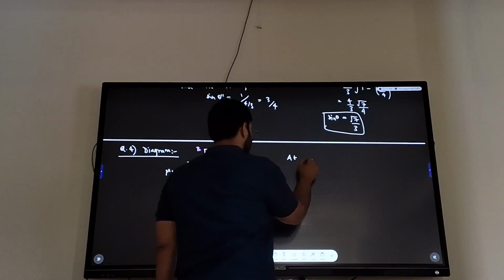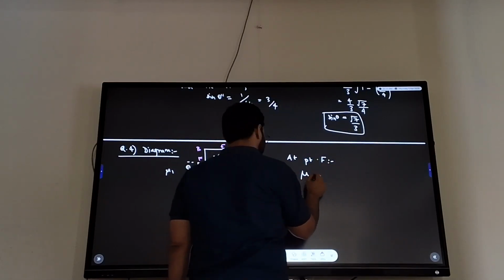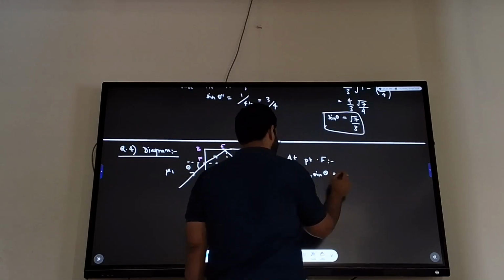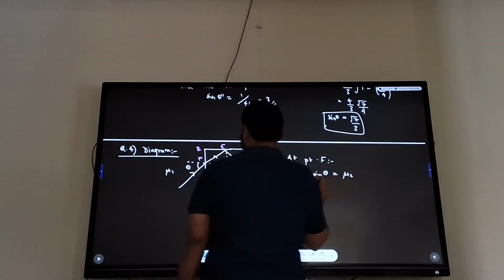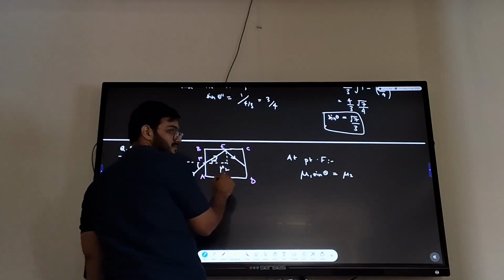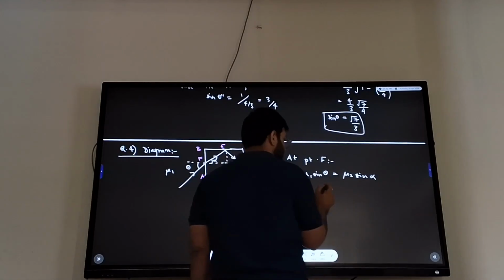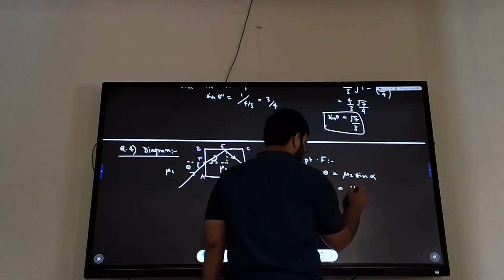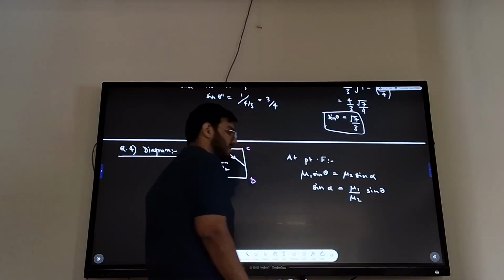At point F, mu1 sin theta is equal to mu2 sin alpha. Let's call the refracted angle alpha. So I think you will get sin alpha as mu1 by mu2 sin theta.